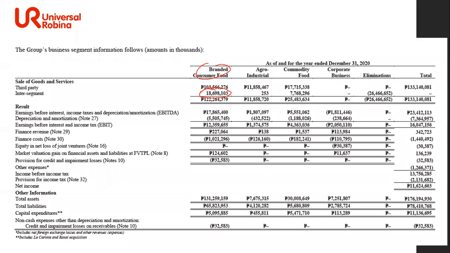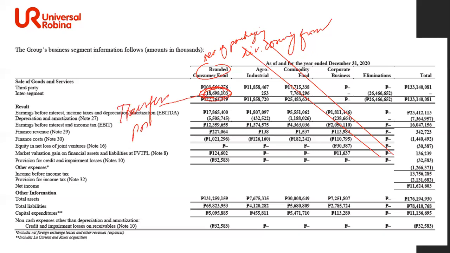And those inter-segment revenues are all revenues of the packaging division, coming from the others, the agro-industrial, commodity, etc. Okay? So you can see there are intersegment transactions, and these 18 billion pesos are all transfer prices.